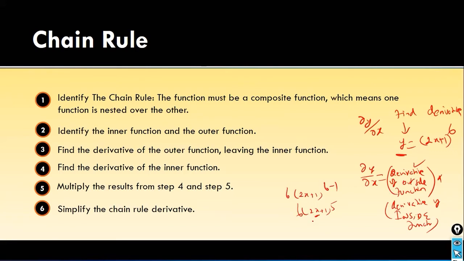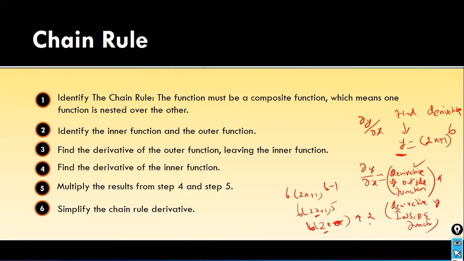And here what will happen is 6 into (2x plus 1) into 2. The coefficient of your x is 2 here because we are taking the partial derivative with respect to x. The constant will go away.